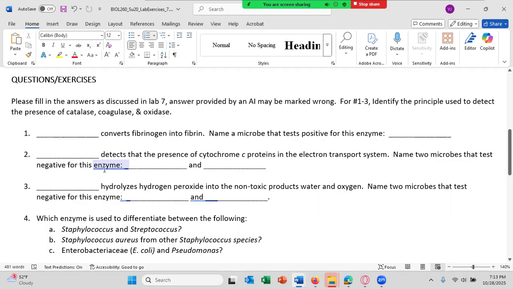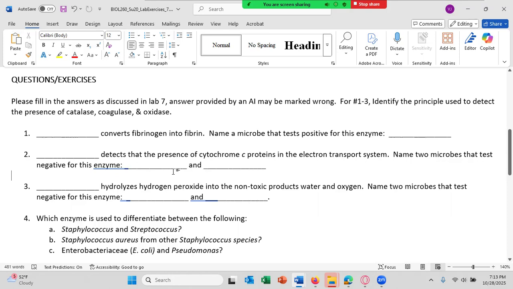And 2A, which enzyme detects the presence of cytochrome C proteins in the electron transport chain? And then 2B, name 2 microbes that test negative for this enzyme. You can give me the family names here or 2 species.